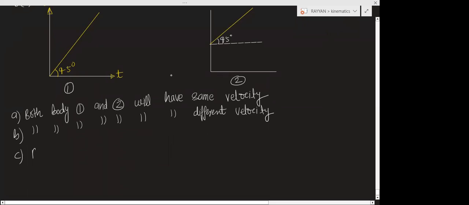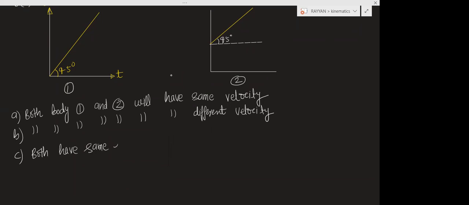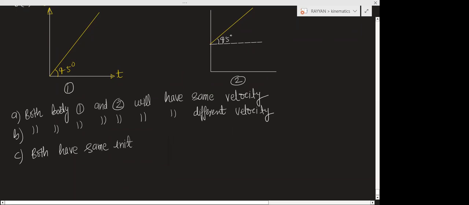Option C: both have the same initial displacement. These are the part of the question, the options, and you have to choose the correct option.